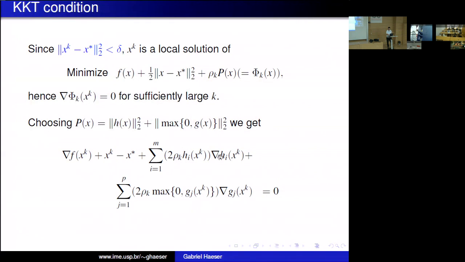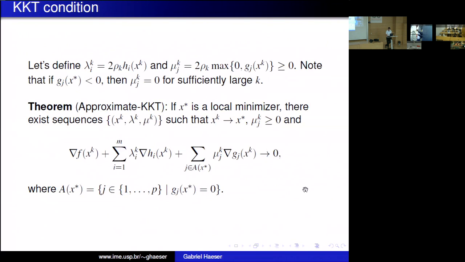So everything else must go to 0 also, because this is equal to 0. So this is almost the KKT condition. It is not quite what I defined in the previous lecture, but it's quite similar.